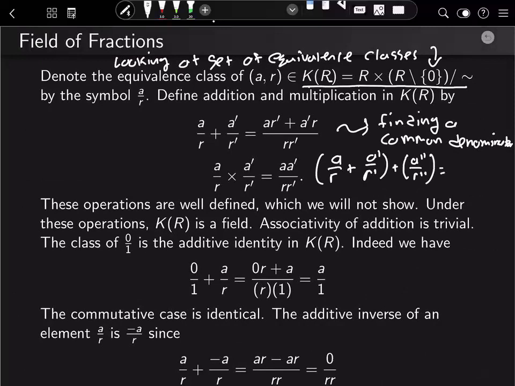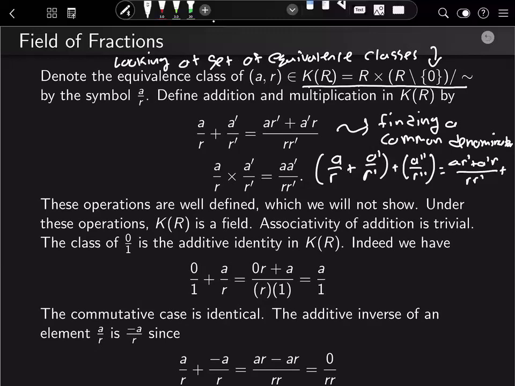Well, that's going to be equal to A R prime plus A prime R over R R prime plus A double prime over R double prime. I'm running out of space here, but you can check this as well. It's not that difficult. The associativity is essentially inherited from the associativity in the integral domain.